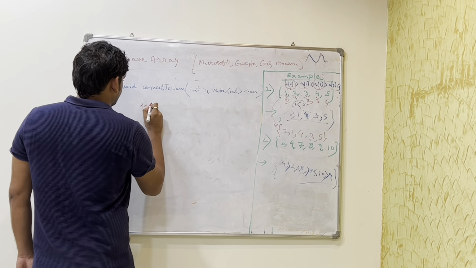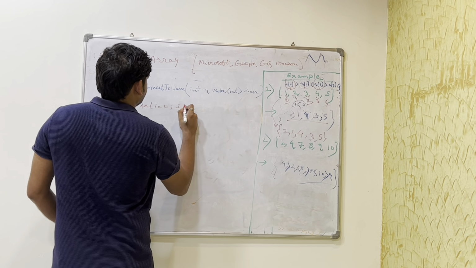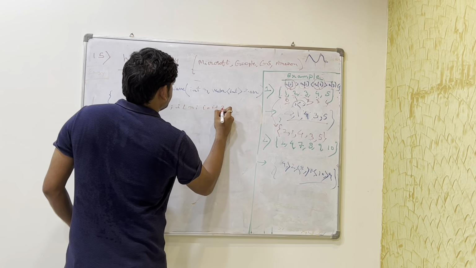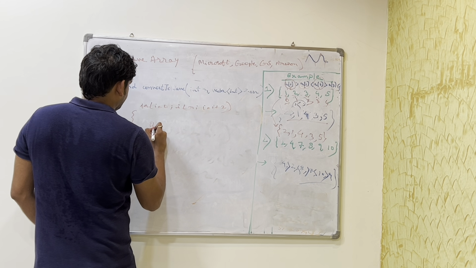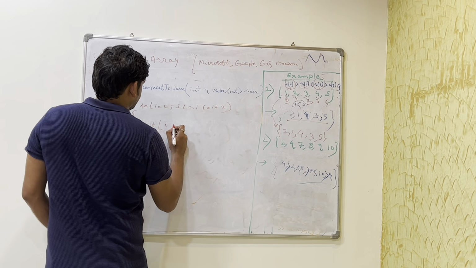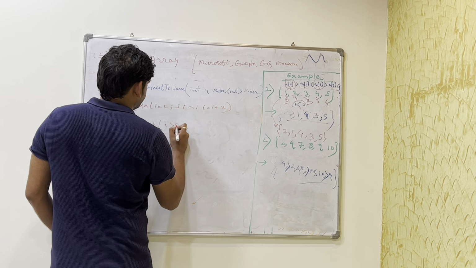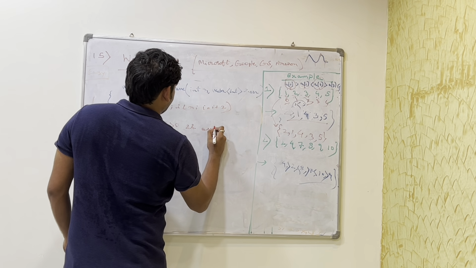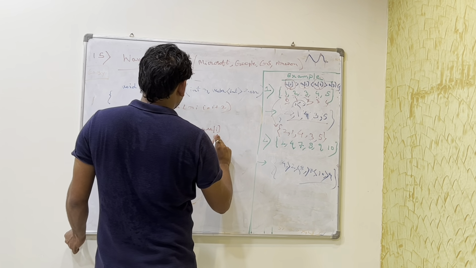For i equal to 0, i less than n, i equal to i plus 2, we will see if i is greater than 0 and array of i, the 0th index we are starting.